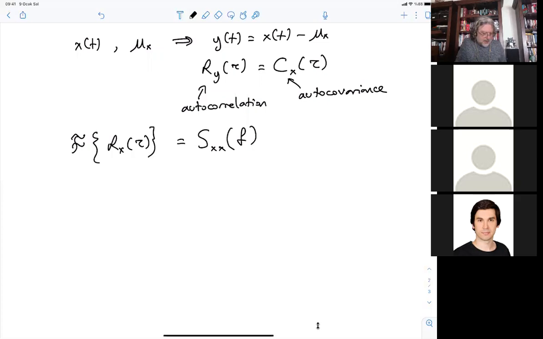That is the Fourier transform of the autocorrelation. And this power spectral density has a lot of practical uses, and it's very important.